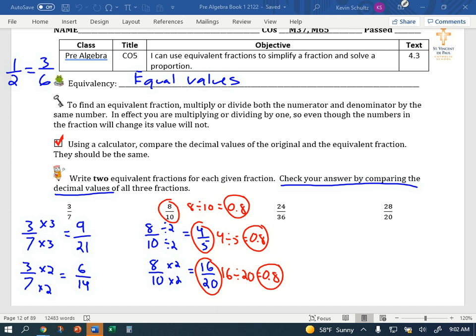So in your calculator, you're going to take 3 divided by 7, which gives you kind of a nasty decimal. So it's okay to round this one to the nearest hundredth. It's probably something like 0.42 or 0.43. So round up to 0.43?